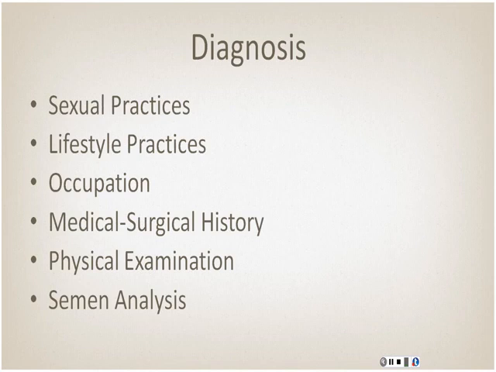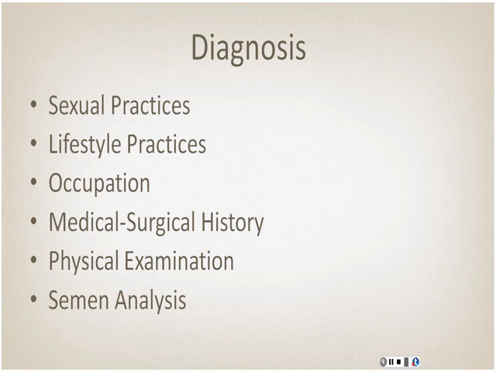So with diagnosis for infertility, they look at sexual practices, so frequency and timing of intercourse, problems with premature ejaculation, lifestyle practices, so use of hot tubs, saunas, does the person wear tight jeans? They look at dietary types of things with caffeine, nicotine, alcohol, or marijuana use. Certainly occupation, is there increased stress or prolonged sitting?